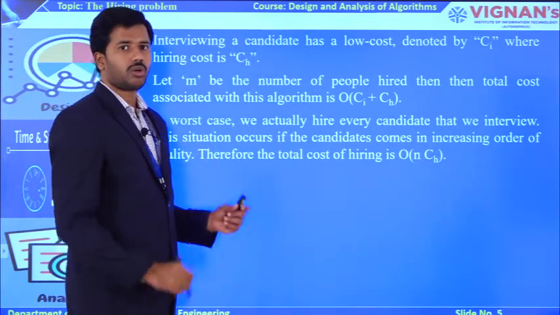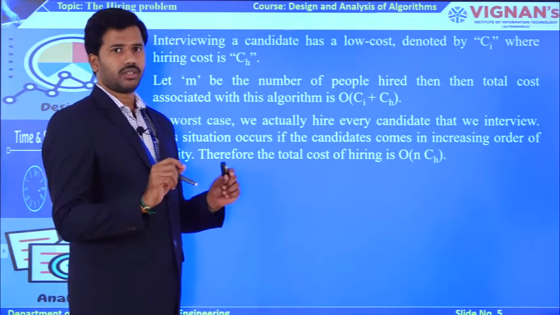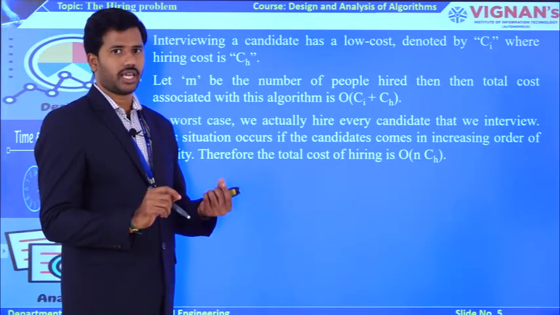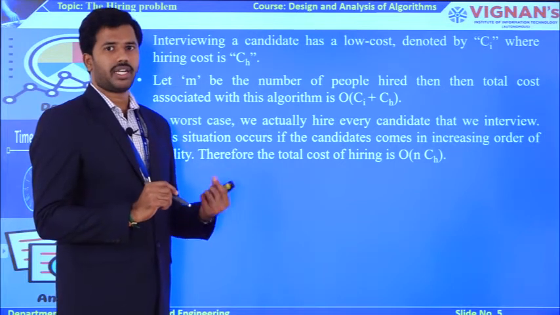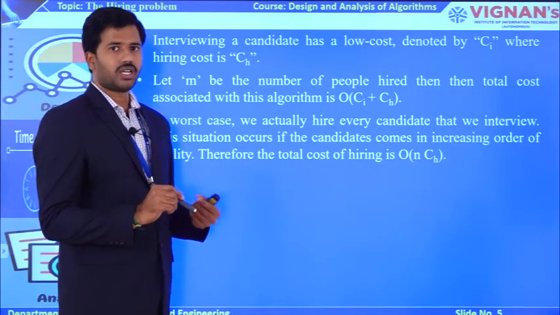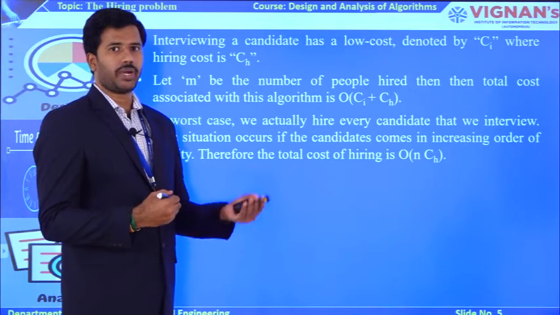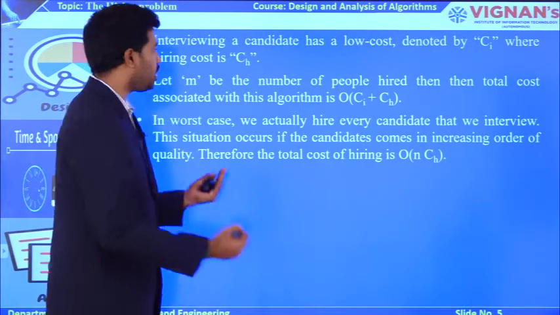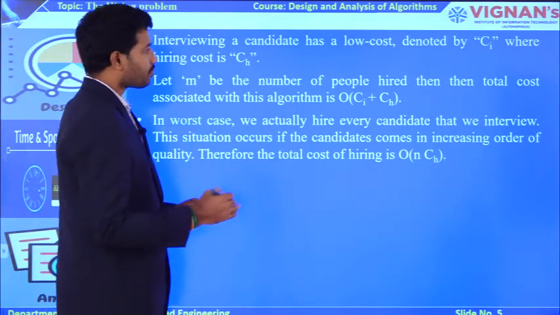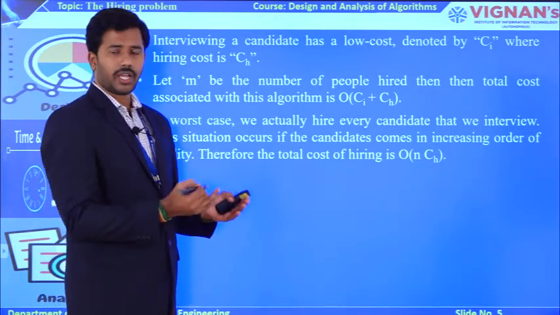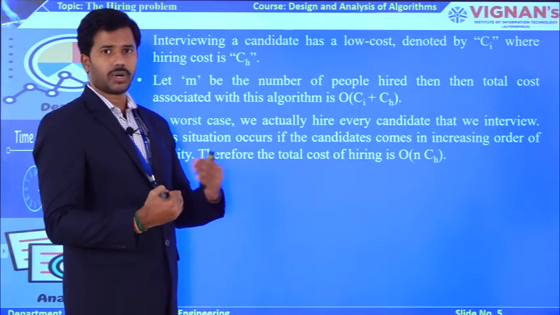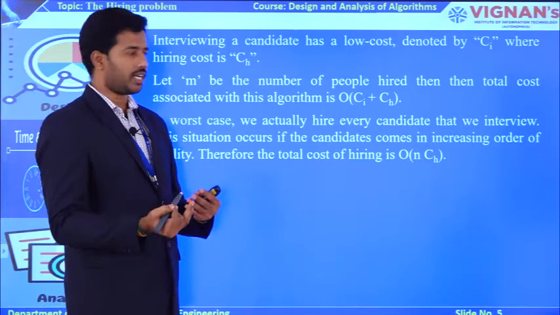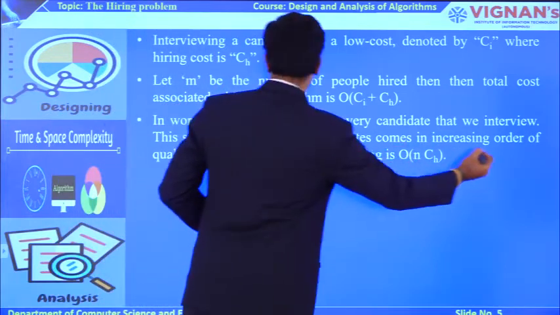For example, you made a condition in your job notification that every candidate must have a degree to apply for this post, but you receive applications from BTech candidates, MTech candidates, and PhD candidates, so you receive candidates of higher and higher quality. That defines an increasing order of quality.